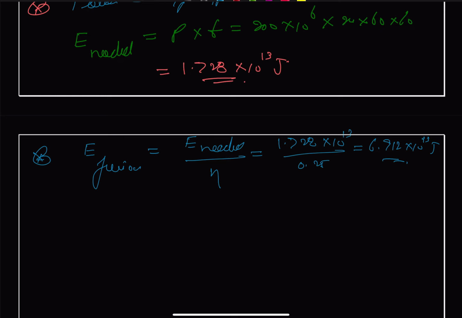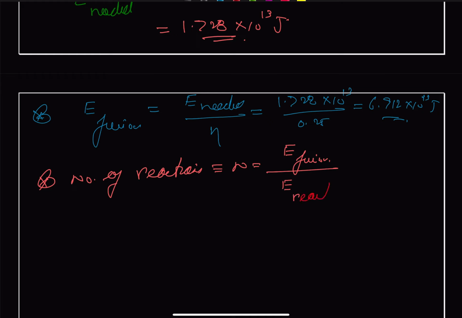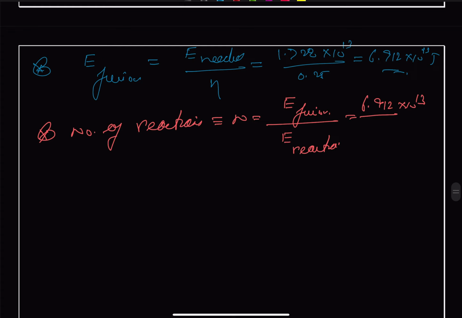Now we are going to find out the number of reactions. So our number of reactions, that is N, will be equal to energy because of the fusion divided by energy because of the reaction, which comes as 6.912 into 10 to the power 13 divided by 3.82 into 10 to the power minus 12.